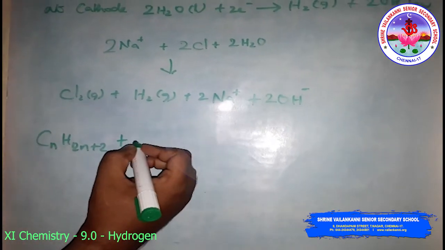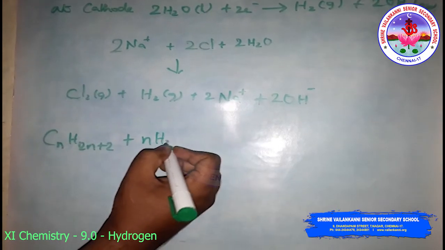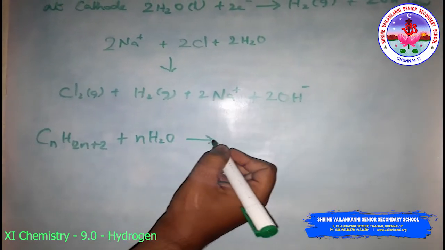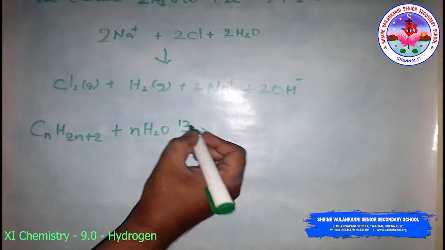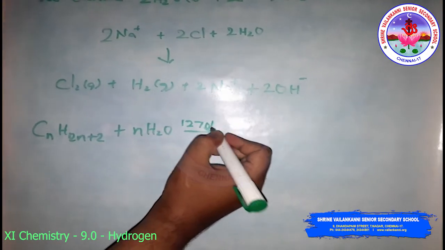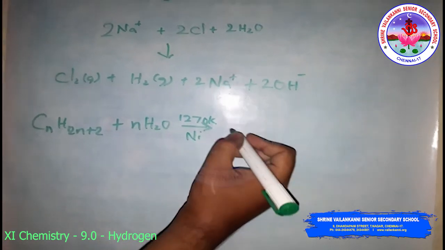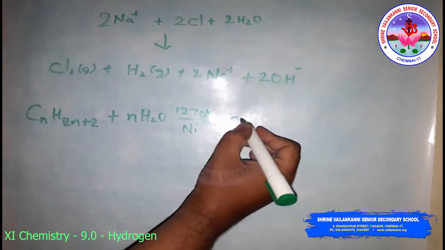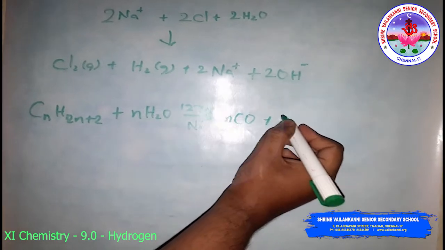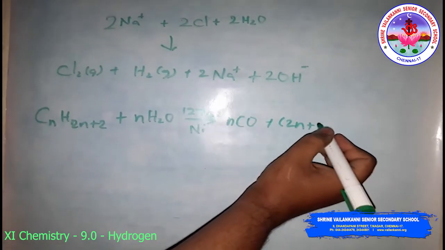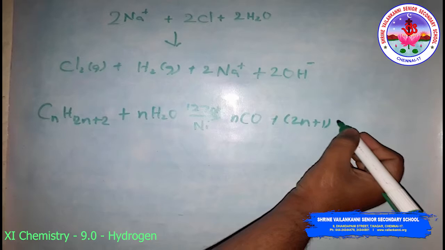It reacts with n molecules of water at 1270 Kelvin using nickel as the catalyst, and we get n carbon monoxide and 2n+1 H2.